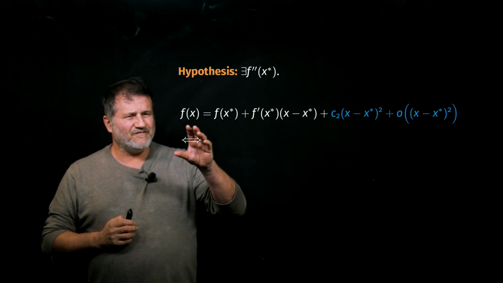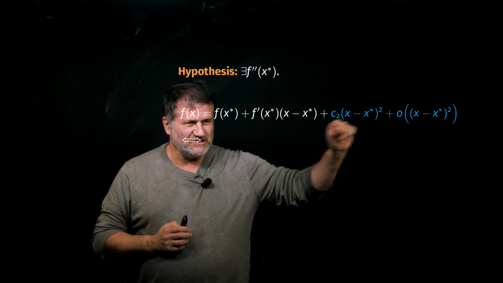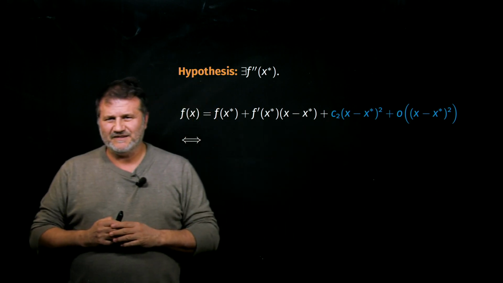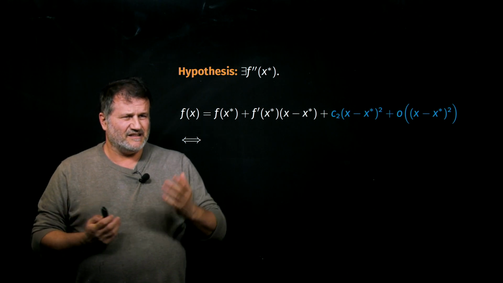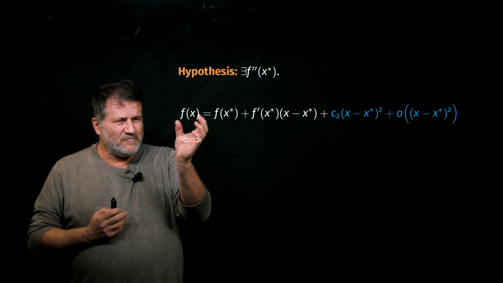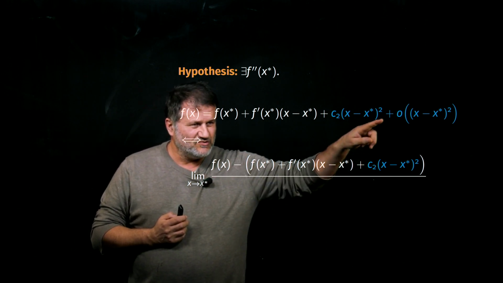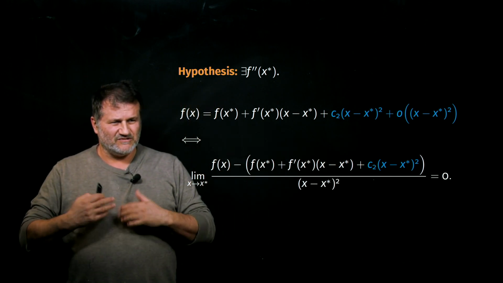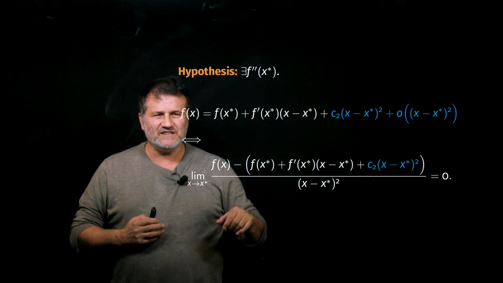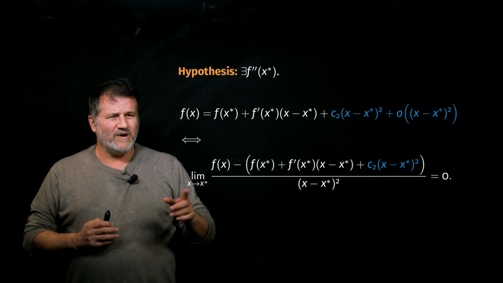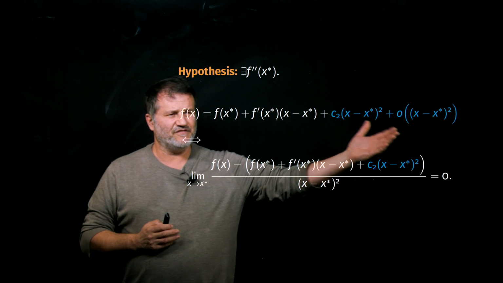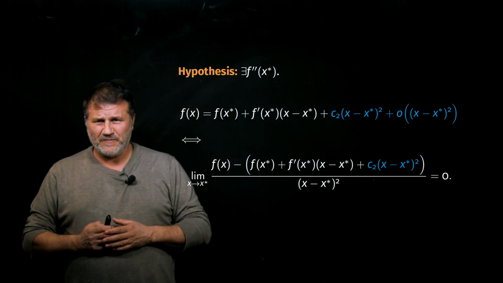If we want f of x to be written as this second degree polynomial plus this remainder, this is equivalent to saying that the gap between f and the polynomial, related to (x minus x*) squared, so doing the ratio between these two quantities, this ratio goes to zero when x goes to x*, because this is the definition of what is a little o.